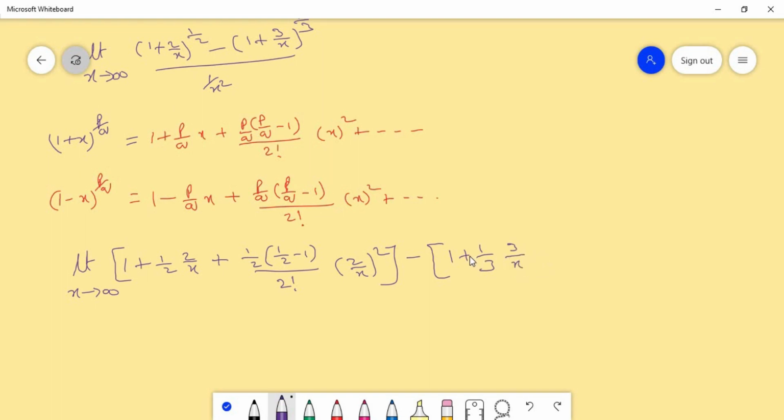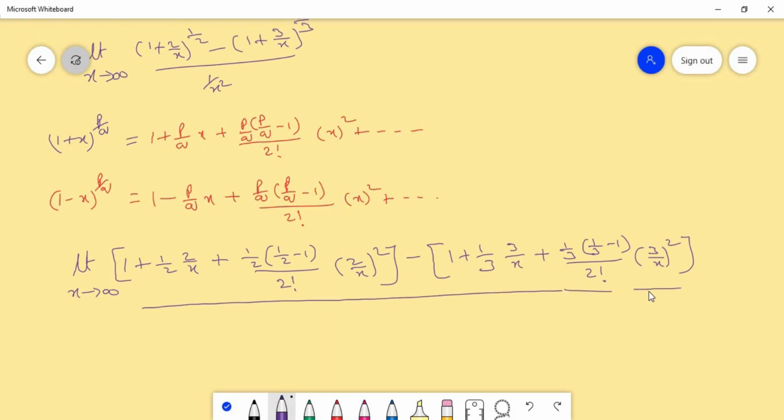Sorry, it is minus, I think both are plus only, okay. Plus 1 by 3 into (1 by 3 minus 1), whole divided by 2 factorial into (3 by x) whole square, whole divided by 1 by x square.